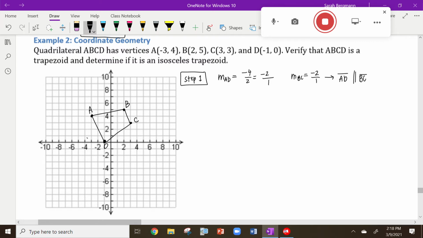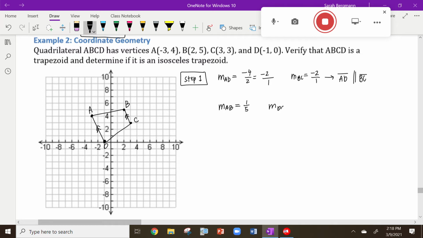Now we still have to double check that the other two sides are not parallel. Otherwise, it would be a parallelogram instead of a trapezoid. So let's find the slope of AB. For that, you have to go up 1 over 5, so the slope is 1/5.